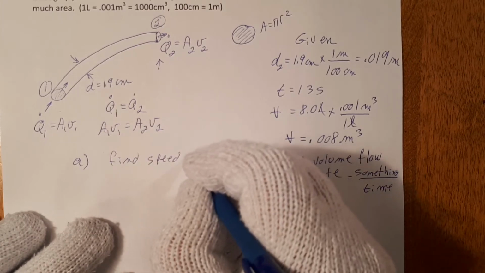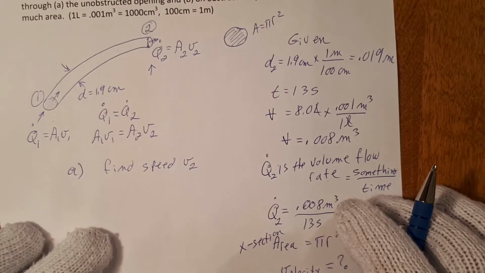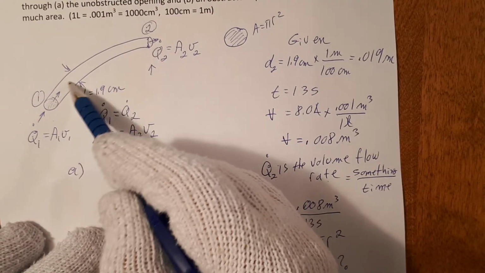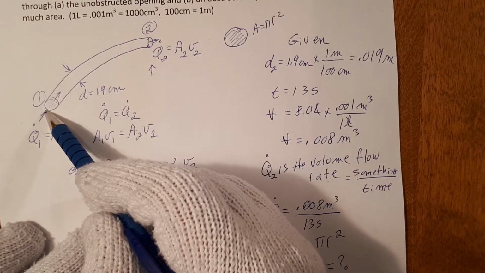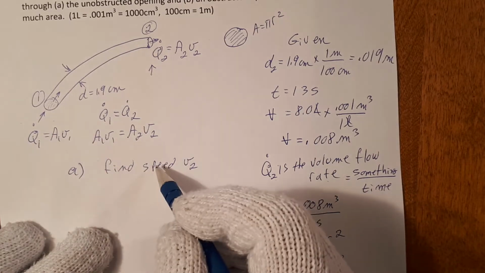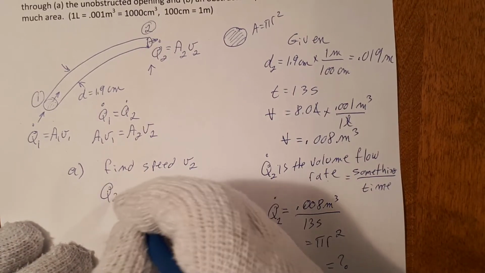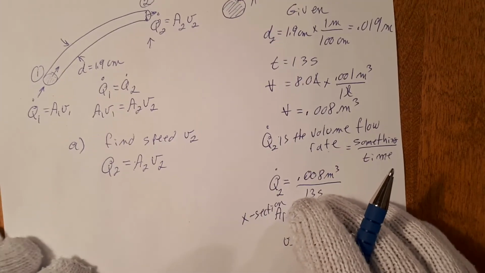Find speed v2. Because this is completely linear and there are no changes in diameters, the velocity here has to equal the velocity here. But we're going to find this one, v2. So Q2 is equal to A2 times velocity 2.